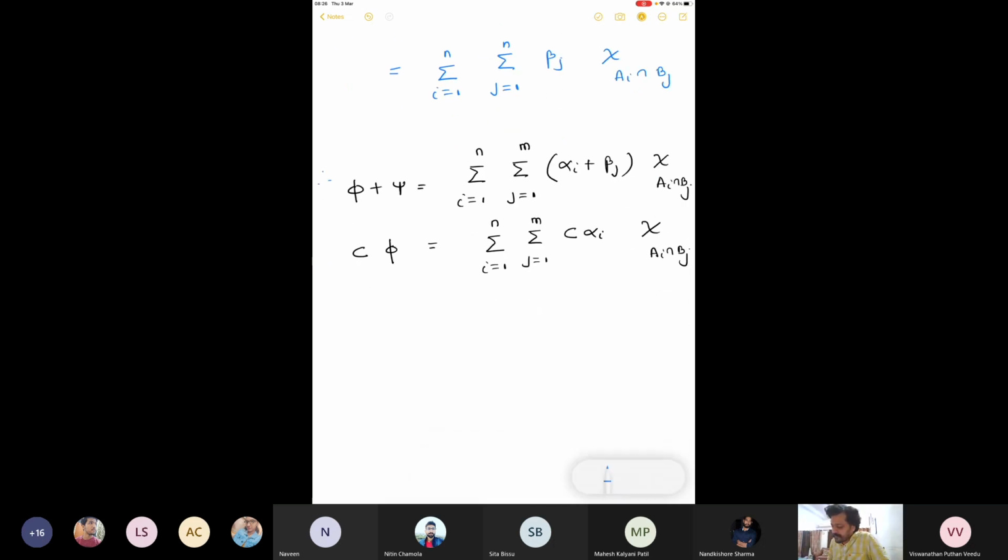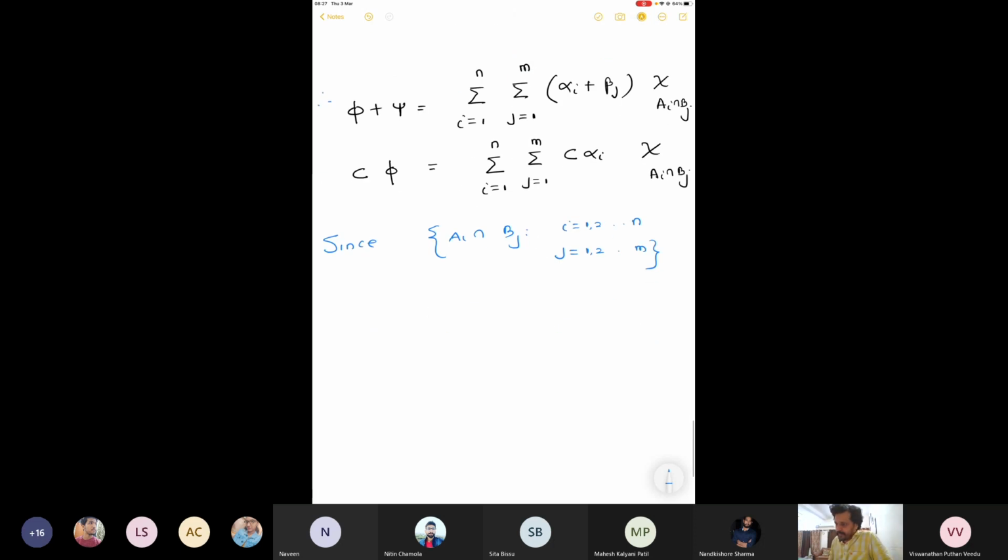Since A_i intersection B_j, i equals 1, 2, 3, etc. up to n, j equals 1, 2, 3, etc. up to m, is a disjoint collection, a disjoint family of measurable sets, we have.